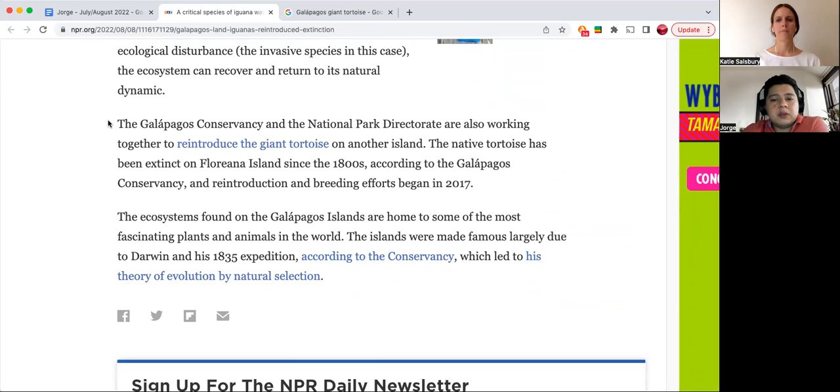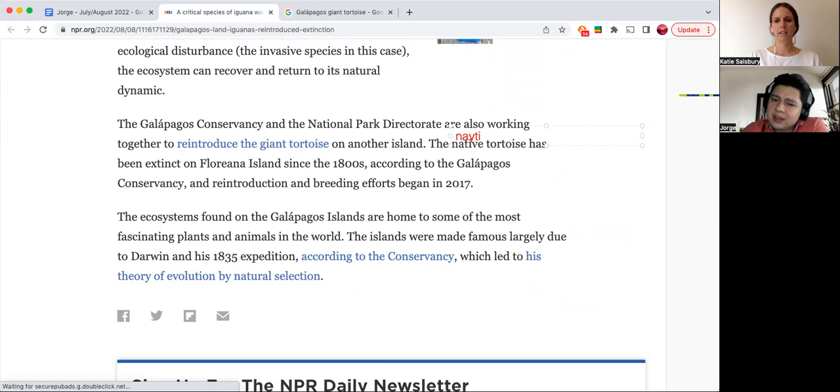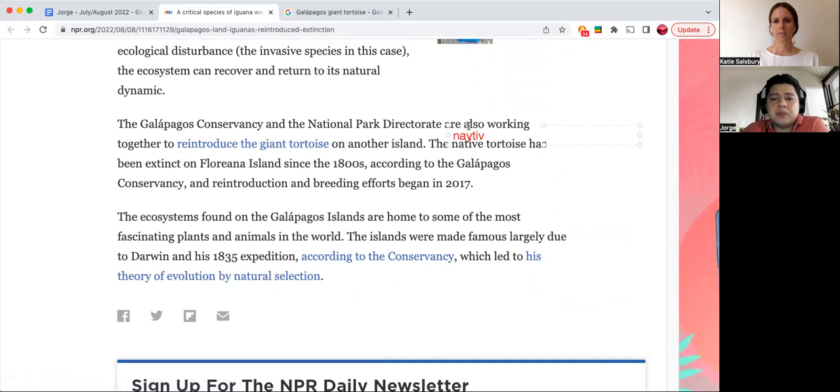The native tortoise has been extinct on Floriana Island since the 1800s, according to the Galapagos Conservancy, and reintroduction and breeding efforts began in 2017.